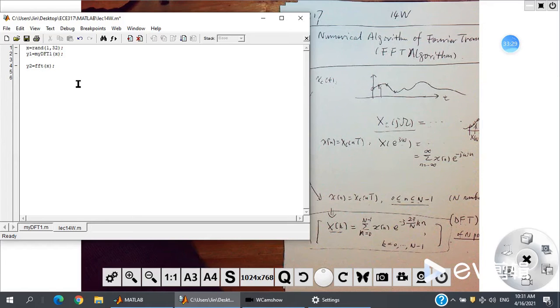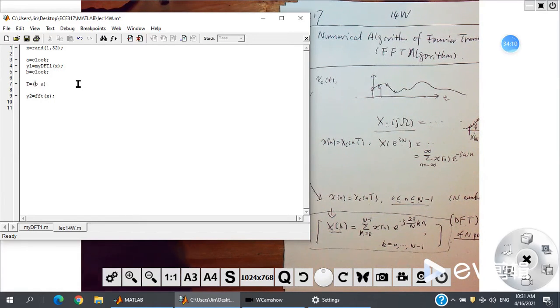We can try, for example, just try, I don't know the time, I will see. The time here, like a clock, A equal to clock, this gives the time, and run my DFT. B is also clock, then I need a time T, which is B minus A. There will be a vector.